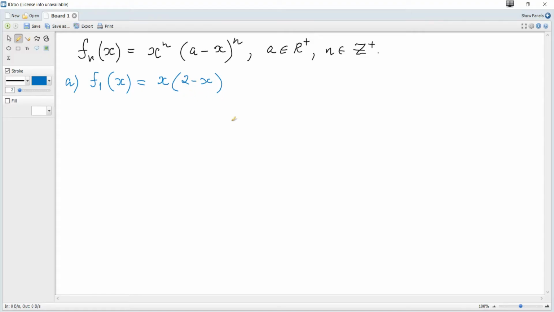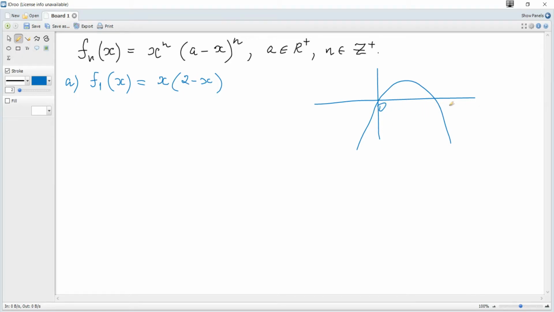a graph of this function, and we can see it's a usual parabola, and we can see that roots are 0 and 2, and we know that there is a maximum in the middle, maximum because it's a concave down parabola, because negative x squared.